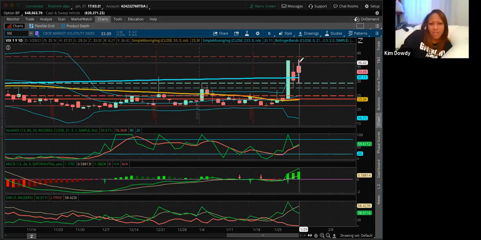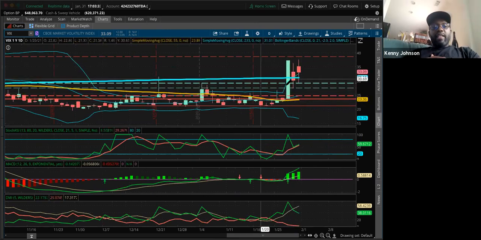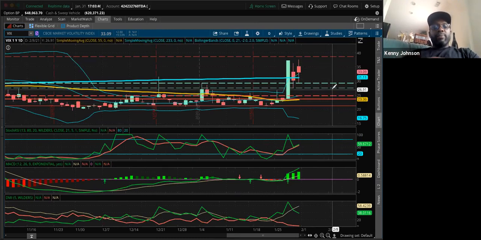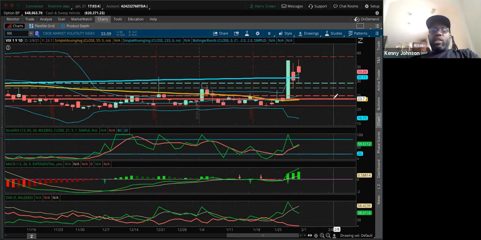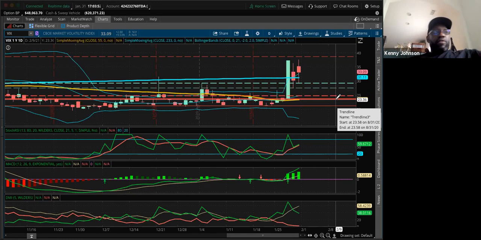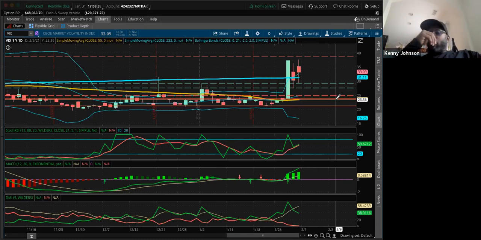I'm sorry, Kenny. Do that again with the VIX. Show me the VIX. This is the chart of the VIX right here. I have support and resistance on it because I was trying to see if it was going to stay or go back down to this 23 to 25 range, because when the VIX is around 23 to 25, that's when the markets are kind of stable and things are going good, and our stocks and our positions are appreciating.